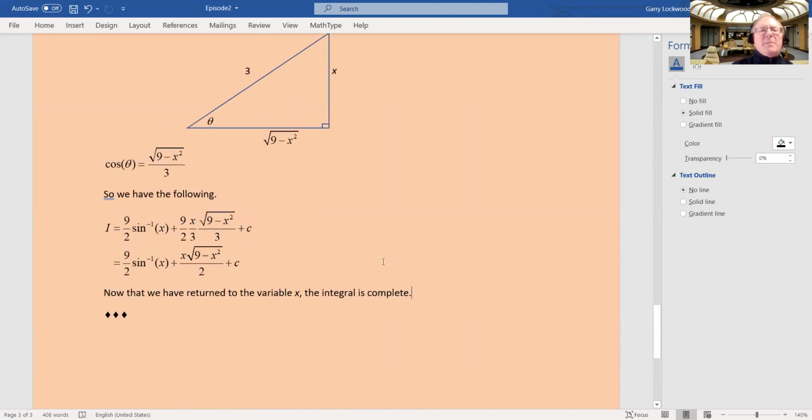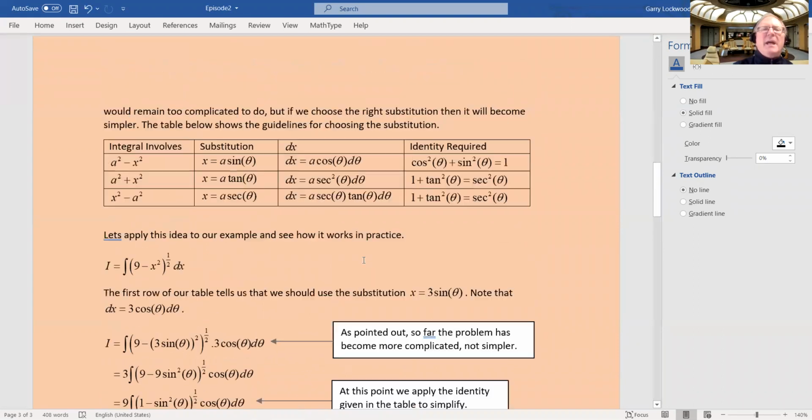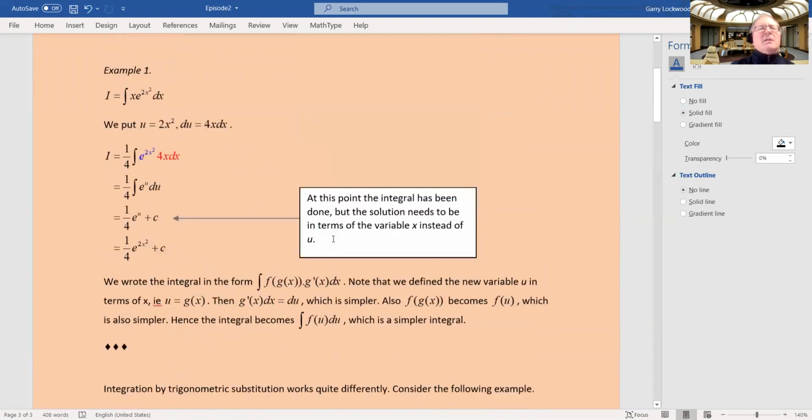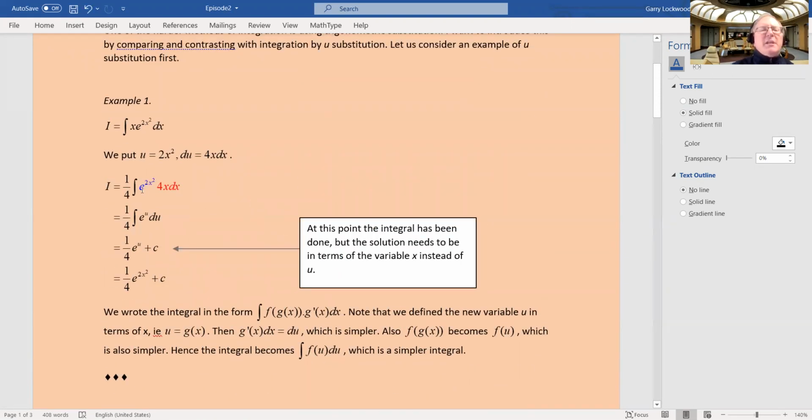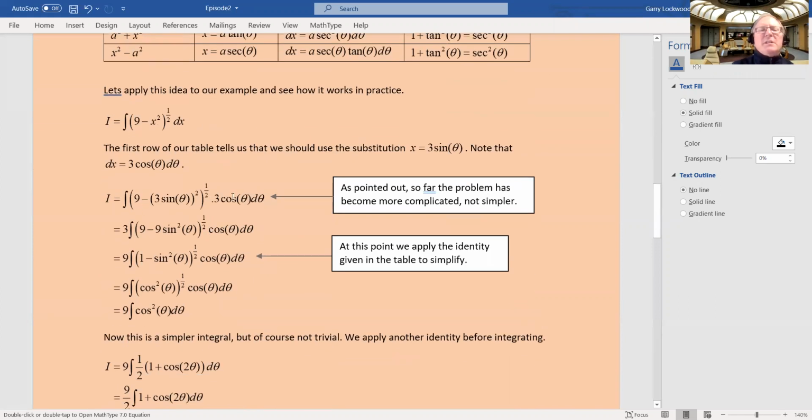And so that is a bit of a motivating look at why we use trigonometric substitution and how it's different from U substitution. With U substitution, the integral collapses into a very simple integral straight away, hopefully anyway. With integration by trigonometric substitution, it gets bigger and harder straight away.